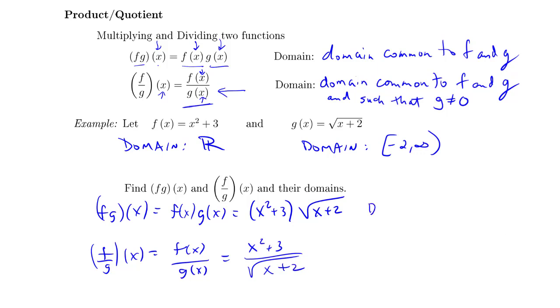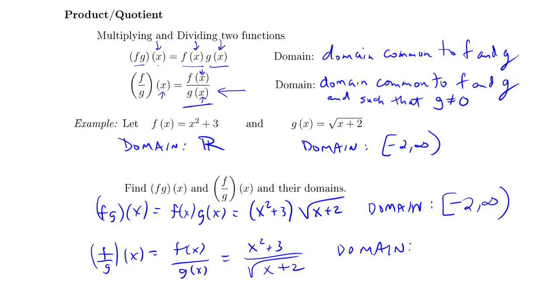And let's talk domains. We said the domain of the product function was the domain that's common to both of these. Well, again, that's the -2 to infinity because that's already part of all the real numbers. So -2 to infinity, including -2. Now, when I go to the domain of the quotient function, it starts out talking about the domain that's common to f and g. So I would start out with the idea that it's -2 to infinity, including -2.